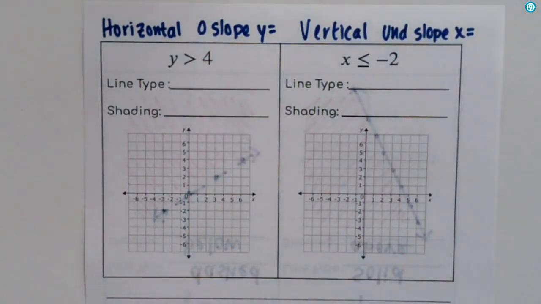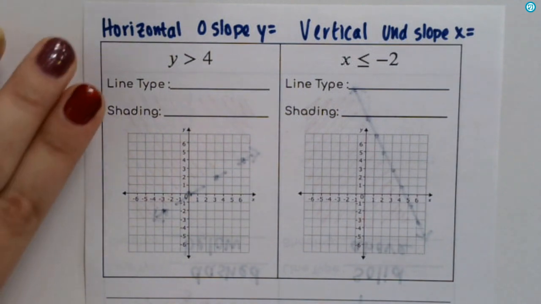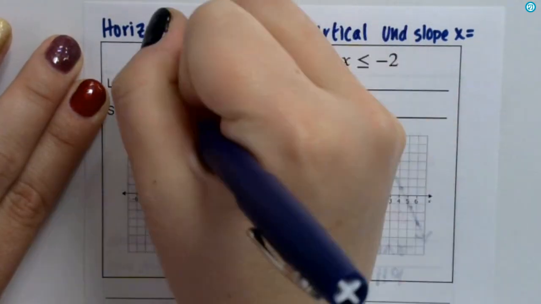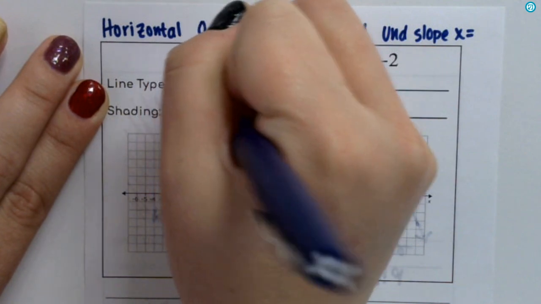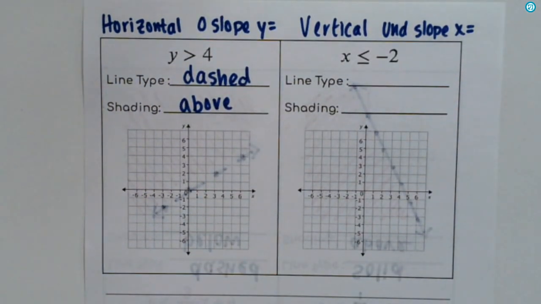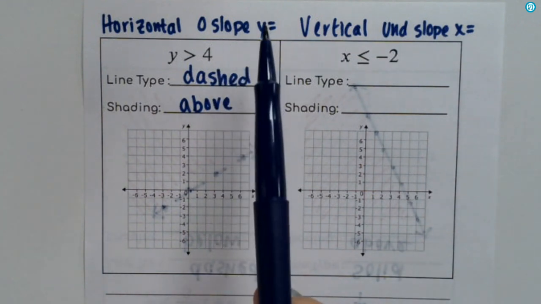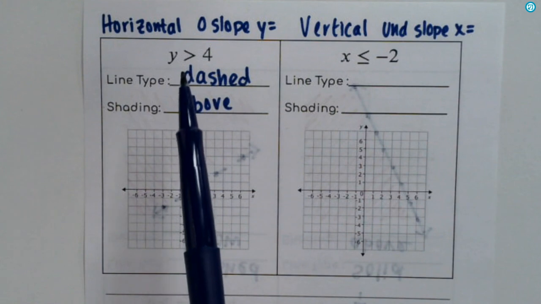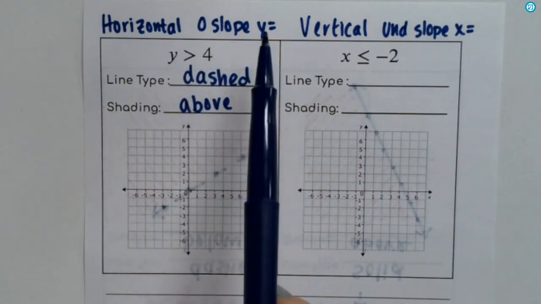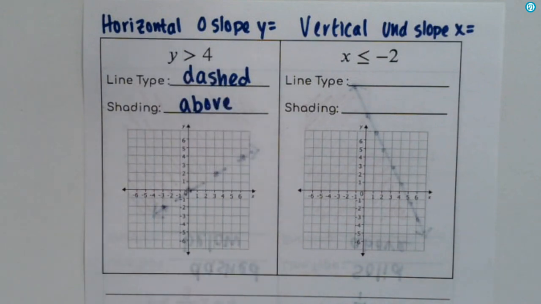Okay, so for y is greater than 4, for a greater than symbol, I am going to do a dashed line, and I'm going to shade above it. So when I go to graph my line, it's the same line. We're graphing the line y equals 4. Since it's y, that means it's horizontal.